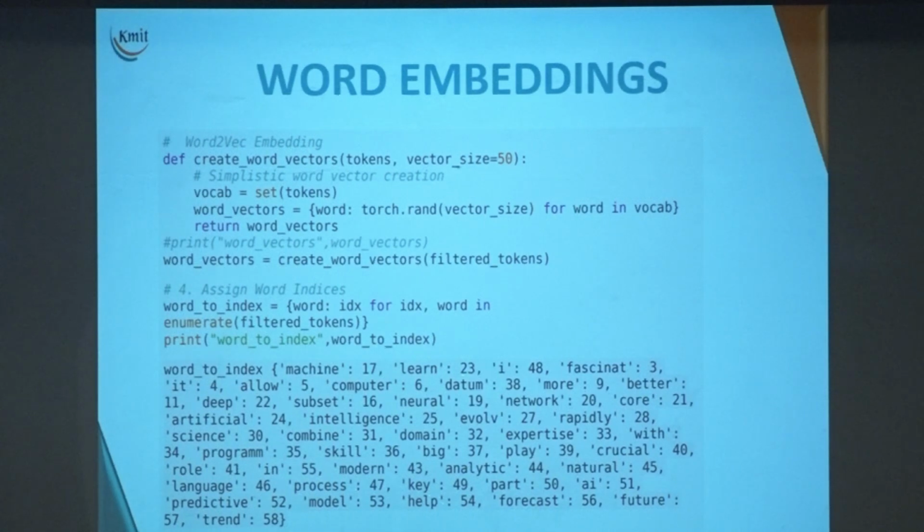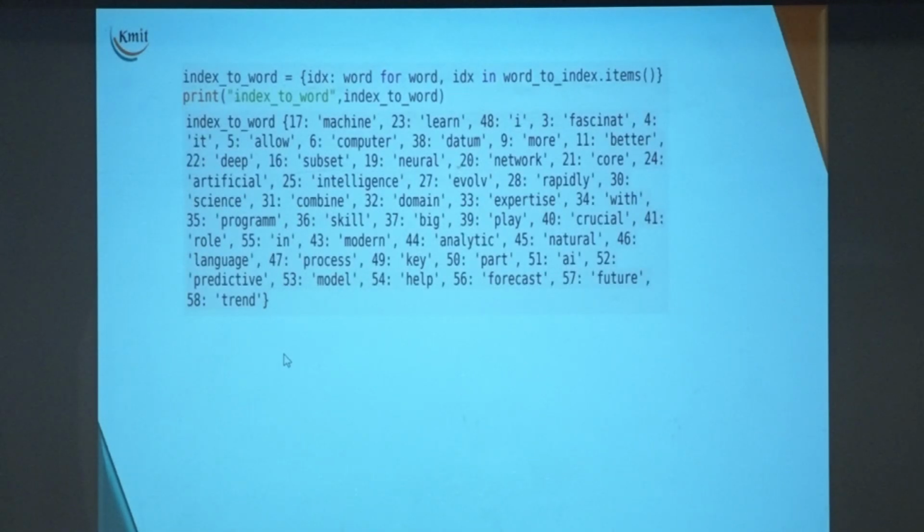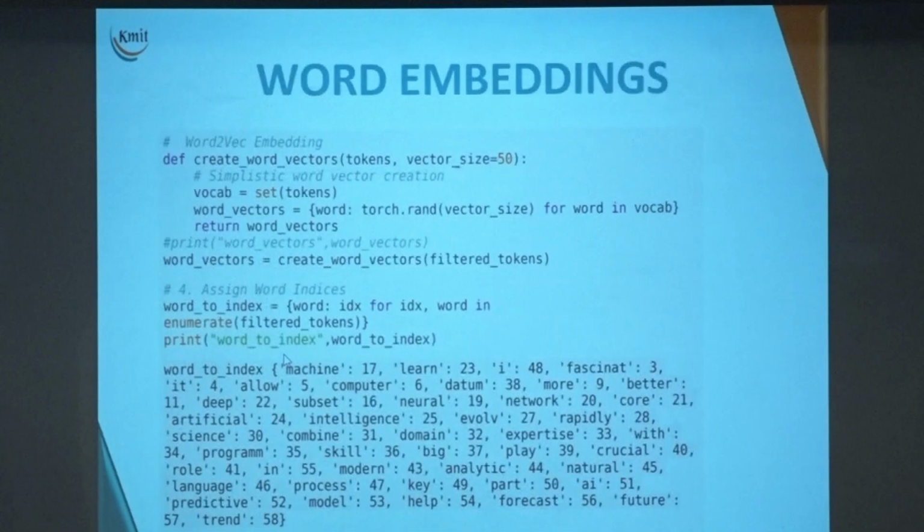You have now generated an index for each word. Clear enough? Right. You can see, when I print this word to index, what am I getting? Machine is giving me index 17, learn 23, I 48. Like that you have now indexed each and every token. This is word to index. If you want, you can also go for index to word.